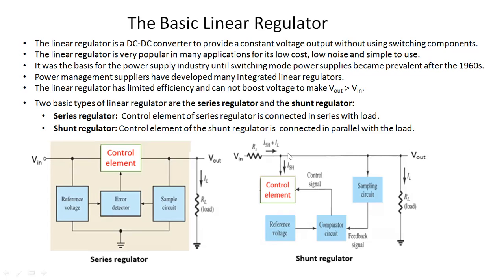This is the disadvantage of the linear voltage regulator. It has limited efficiency and it cannot boost voltage more than the input voltage. But it has advantages, like low cost, low noise, and it is very simple to use.